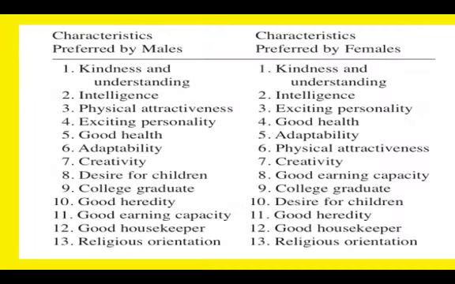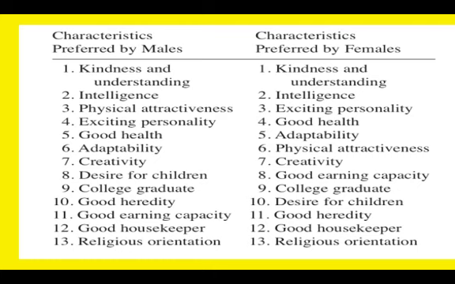Here is the result of one such study. This was done with young Americans. It lists the characteristics that were ranked by males and compares them to the characteristics that were ranked by females. Perhaps the most amazing thing about this is how overlapping they are. Both of them want a kind and understanding mate. Second place was intelligence.